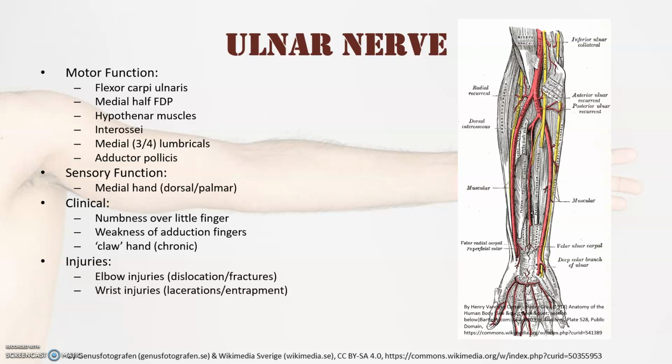Typical injuries that may cause damage to the ulnar nerve include injuries at the elbow, for example, dislocations and some fractures, and also wrist injuries such as lacerations. The nerve can also be entrapped at the wrist or at the cubital tunnel at the elbow.